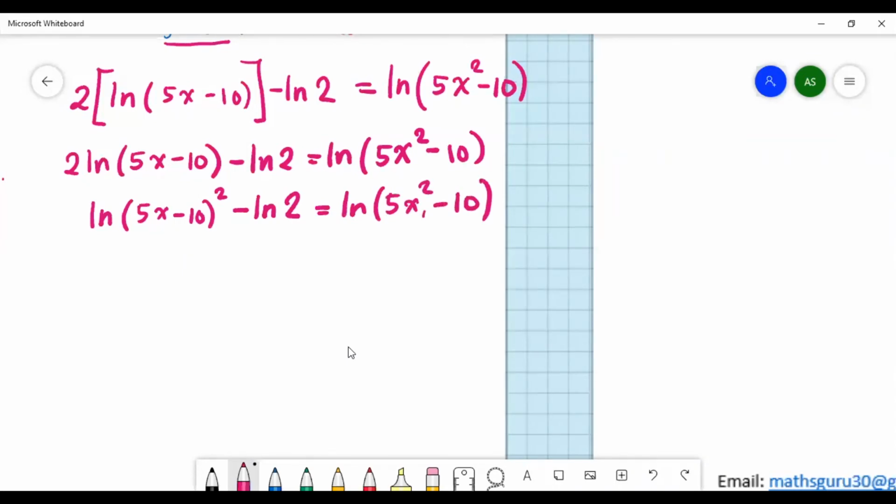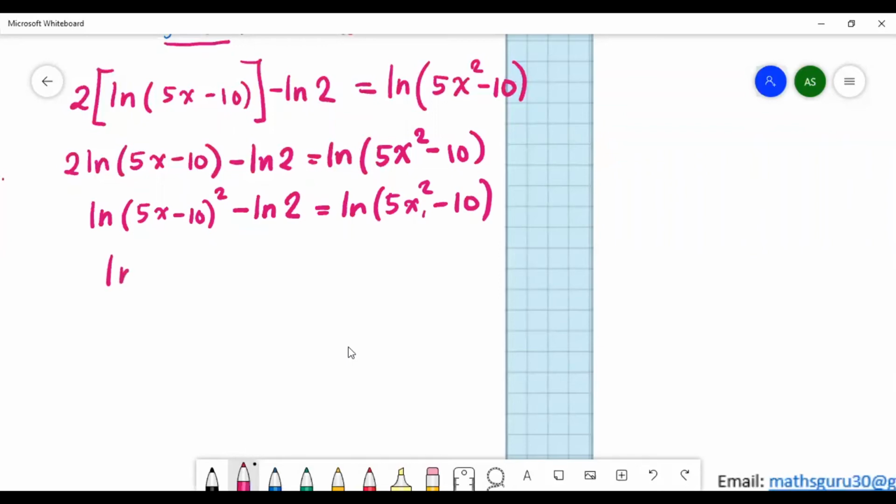I haven't discussed this yet, but I'm going to discuss further the properties of logarithmic functions in my succeeding videos. So for now, I'll be using those properties of log to solve this item. Since this is minus, this actually means division.